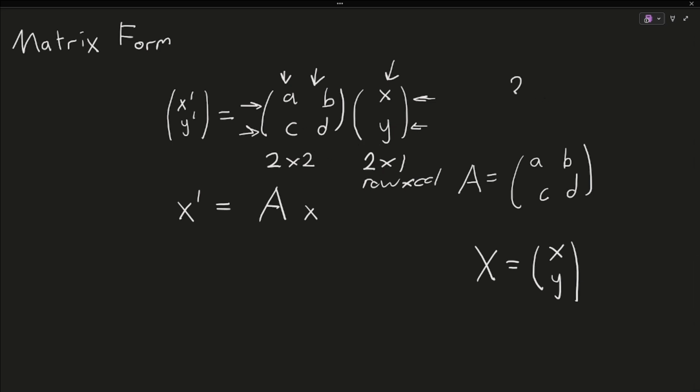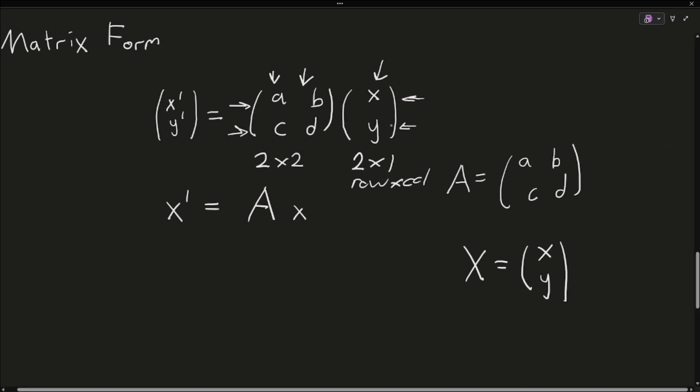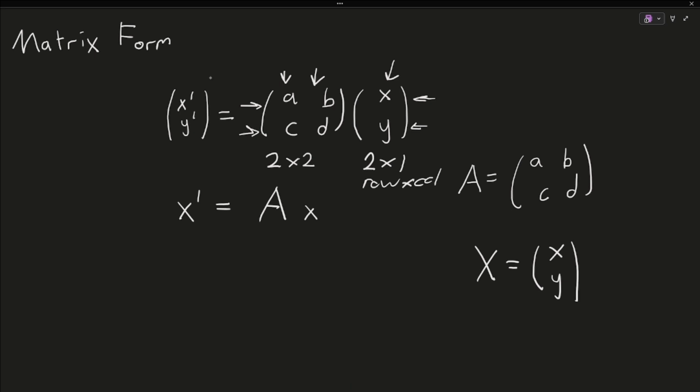So if I had a 3 by 3 matrix multiplied with a 3 by 1 matrix, that would work, but a 3 by 3 matrix multiplied with a 1 by 3 matrix would not work because this 1 is not equal to this 3. So this is important theory on how we could multiply matrices.